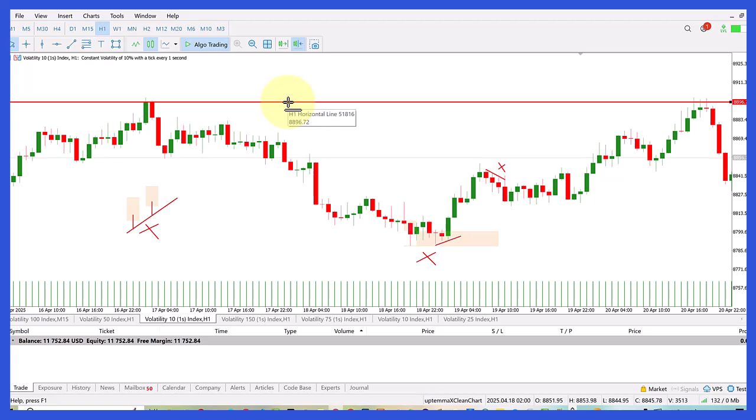So you are dealing with a horizontal line there. So there is a diagonal line and there is a horizontal line. Do you understand? So at this liquidity point, we are dealing with a horizontal line.